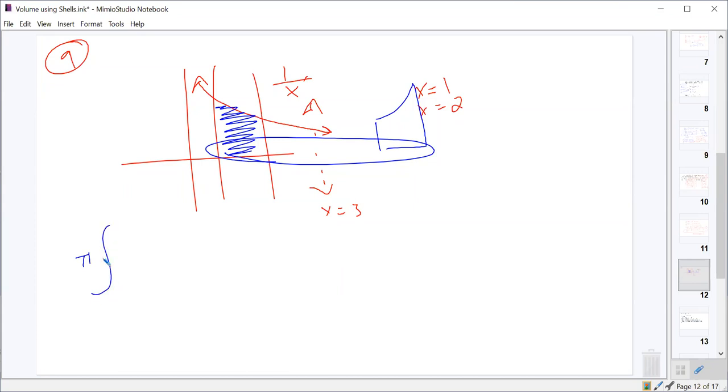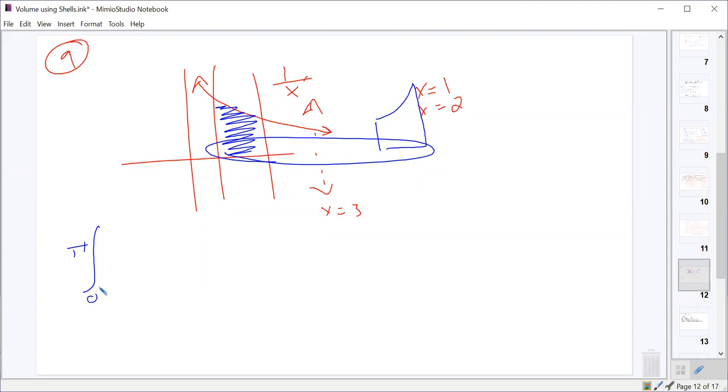All right, pi, and we said dy. So we're going to have outer radius squared minus inner radius squared. We're going to have to break this down a bit because we have an issue here. If I look at the lowest part of my region, it's always the x-axis, which is 0.